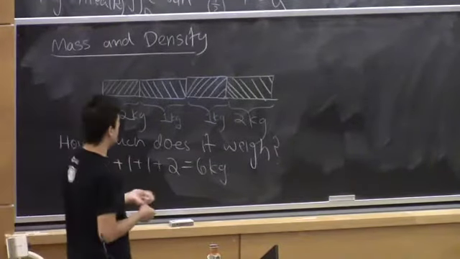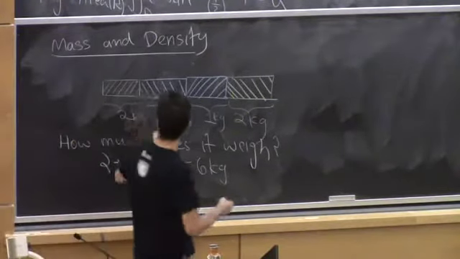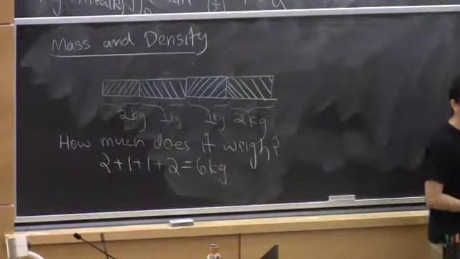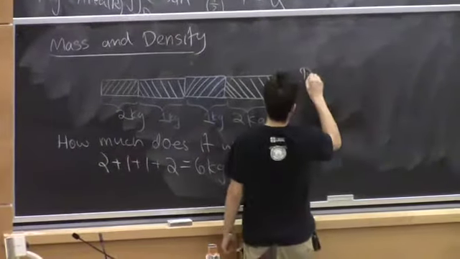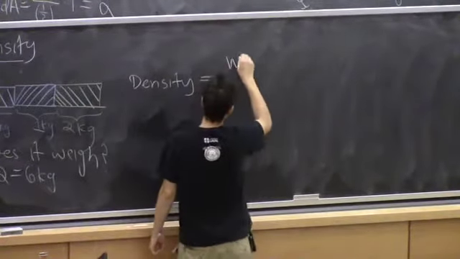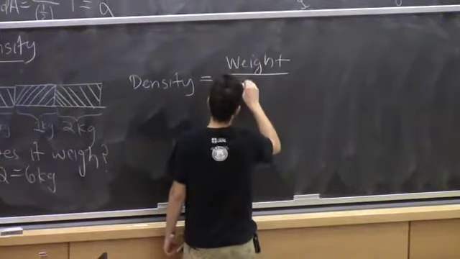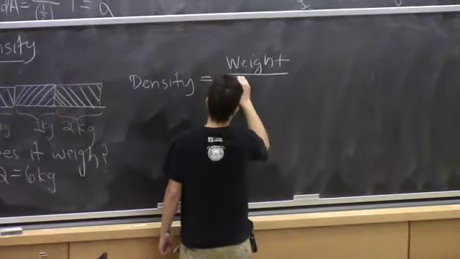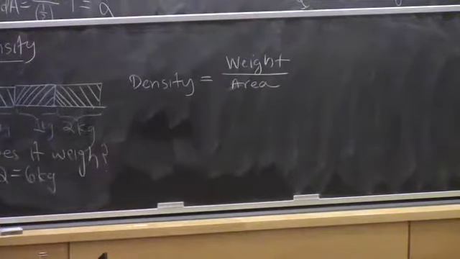Another way of calculating the weight of the thing is to think in terms of density. So this is mass. We add up the masses. Another way to think of it is in terms of density. We can think of it as weight by area or weight by volume.